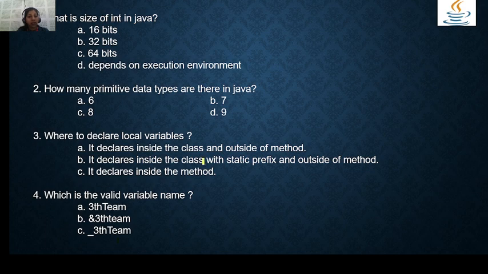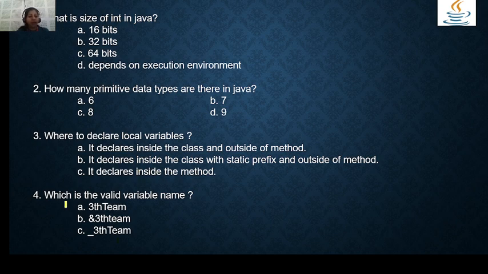Is it defined inside the class and outside the method? No. Is it inside the class with the static prefix? No. Static prefix is for static variables, not for local variables. Then the correct answer is it is declared inside the method or the constructor. Okay, so the correct answer is it is declared inside the method.